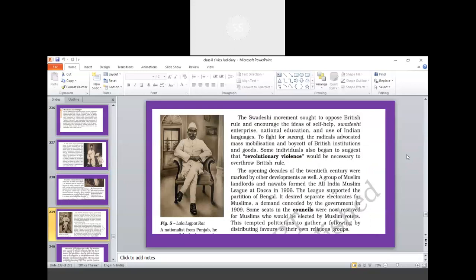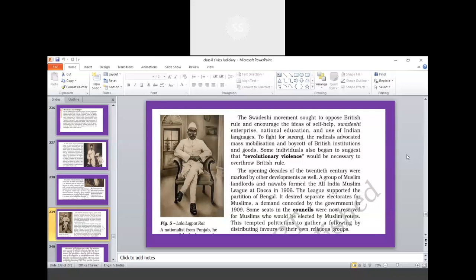Then the radicals supported the Swadeshi movement. The term Swadeshi you know very well. Swadeshi means we should encourage and use the commodities produced in India. So Swadeshi, Swaraj, and boycott of British goods.